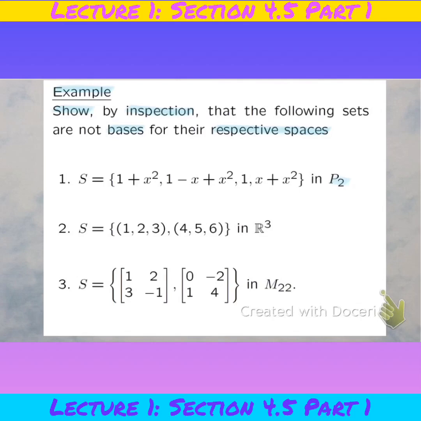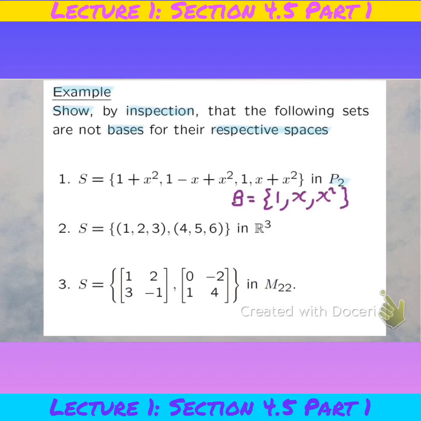We know the standard basis for P2 is the set B, where B is 1, x, and x squared. So the standard basis has 3 vectors in it. So apply the previous theorem.